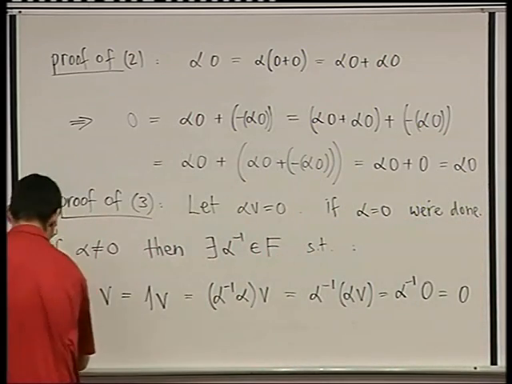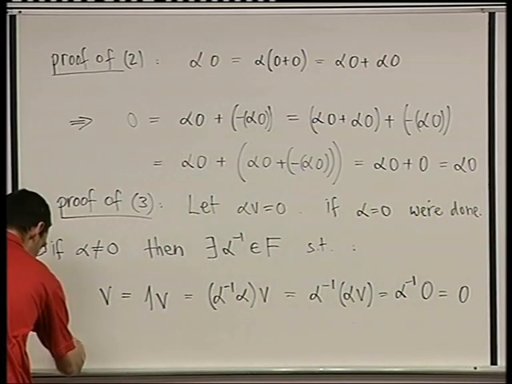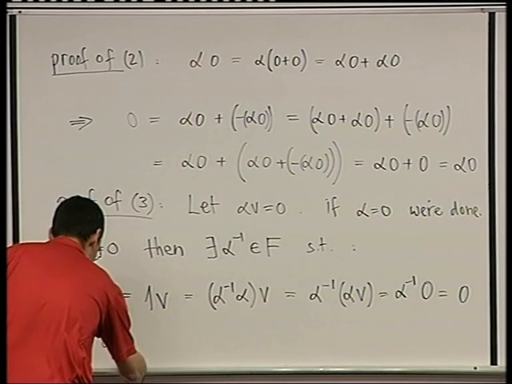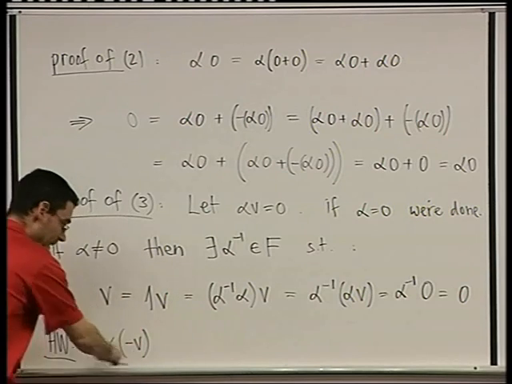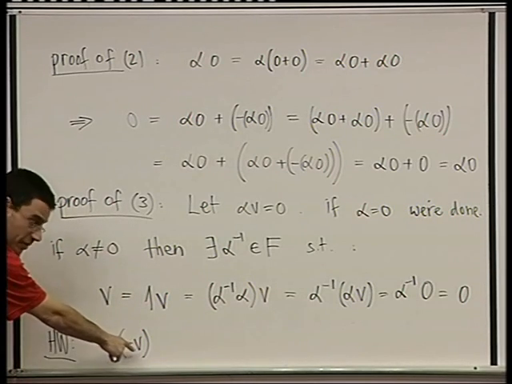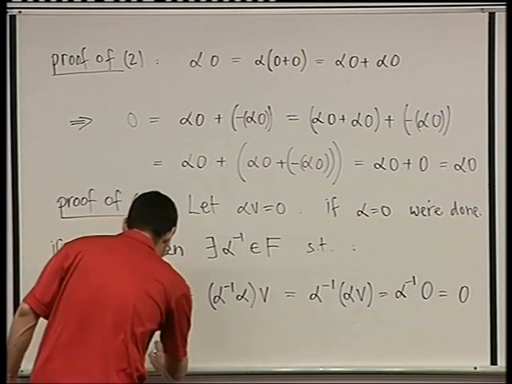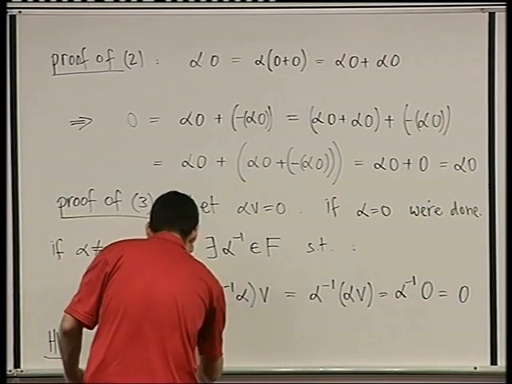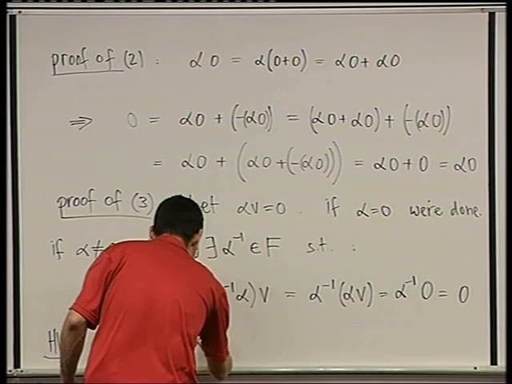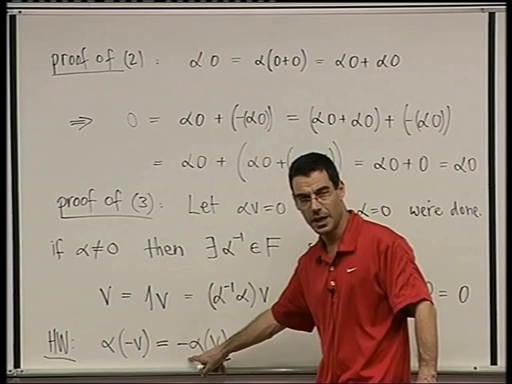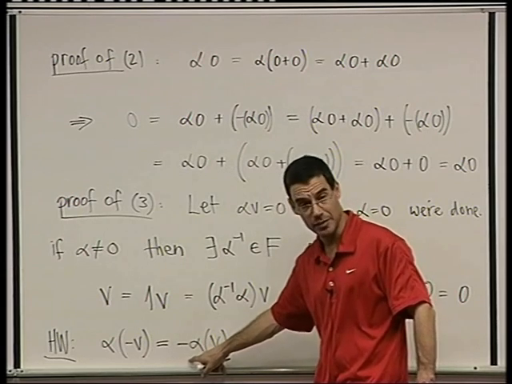So try to do number 1 on your own, and also, here's homework. Try to show, for example, that alpha times minus v, the inverse of the vector v in the vector space, equals minus alpha times v. Minus alpha is the inverse of the scalar alpha.